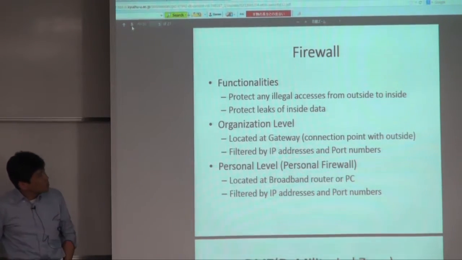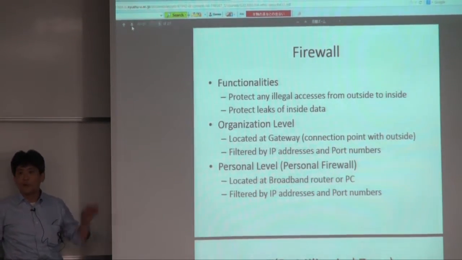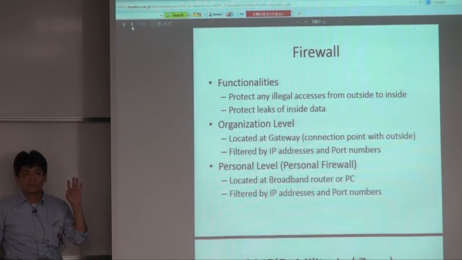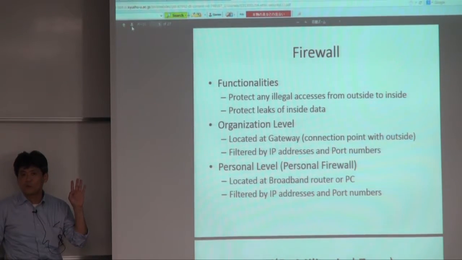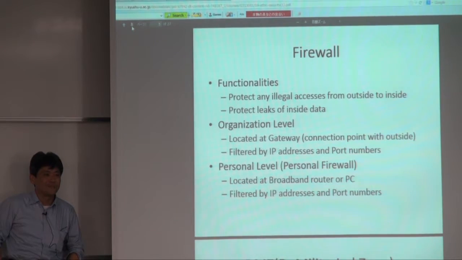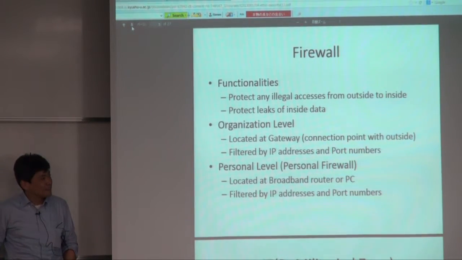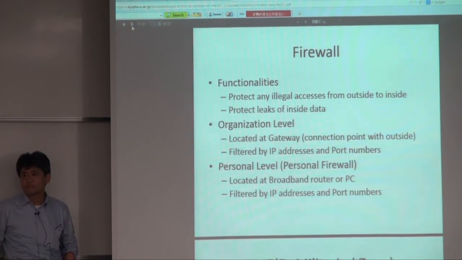And the next term is firewall. Do you know firewall? The general meaning of firewall is, you know, something that protects against fire accidents. So the basic meaning is the same. In this case, it protects against illegal access, for example, port scans.